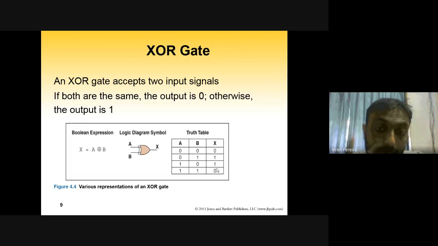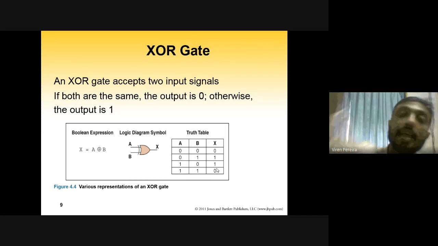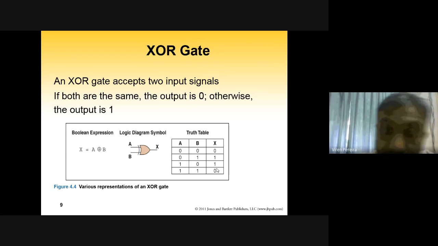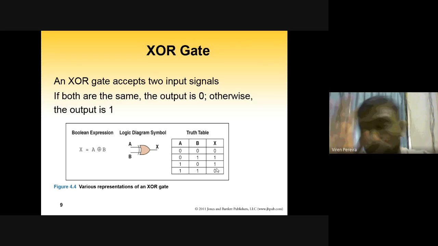It tells us that for 1 plus 1, the other one is carried forward, so the output is 0. You can remember it this way: for an OR gate you get 0, 1, 1, 1; for an XOR gate, if both are ones, you get 0. So this is your exclusive OR gate.